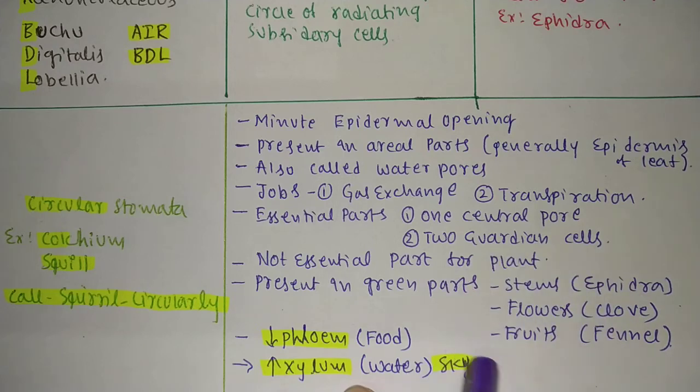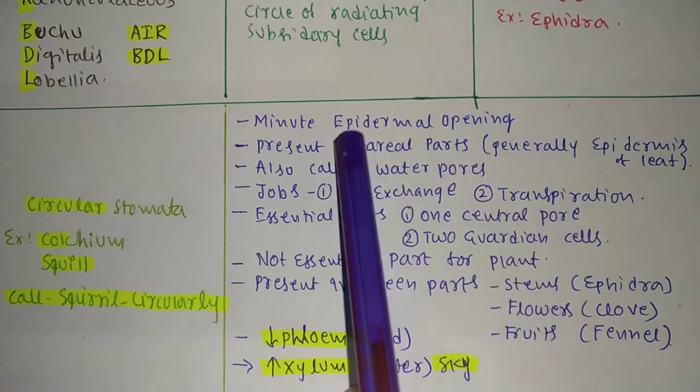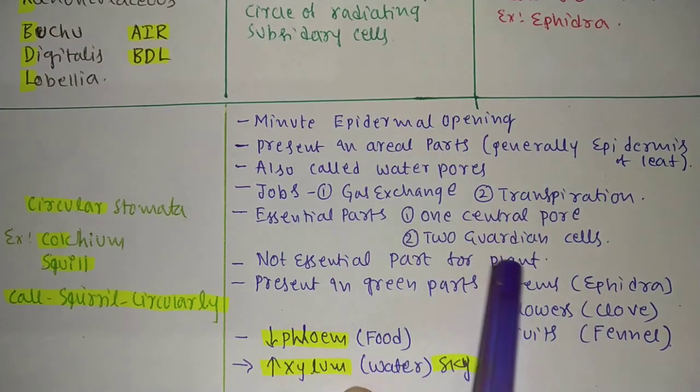This is also important; they will ask in the exam. In ephedra, stomata is present in the stems. In clove, stomata is present in the flowers. In fennel, stomata is present in the fruits. These are all the important basic points of the stomata.